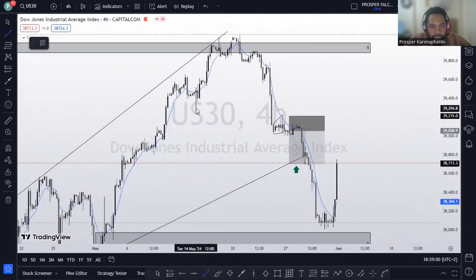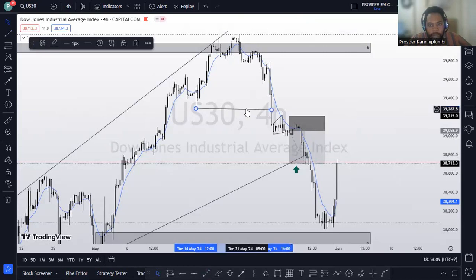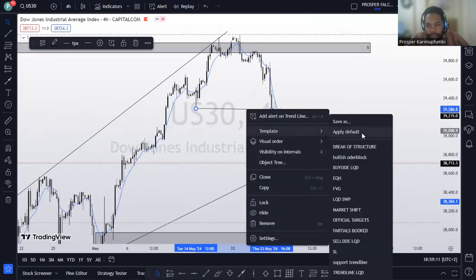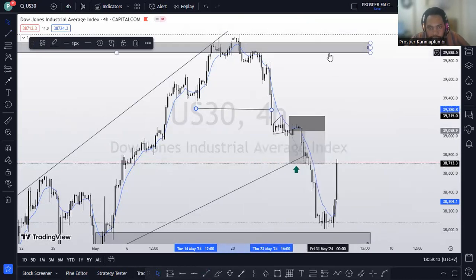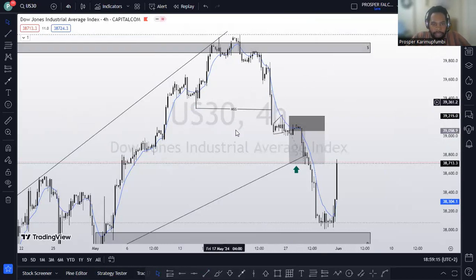I observed that there was a market shift here. When we talk about a market shift, I'm saying that when the market gives us a market shift, it's saying the bullish buyers are already out of the picture. So now we are looking more at the bearish momentum, right?